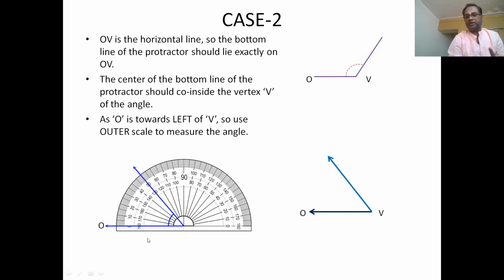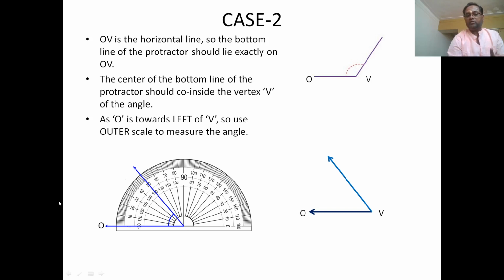Next, the center of the bottom line of the protractor should coincide with V. This is the center and this is V.